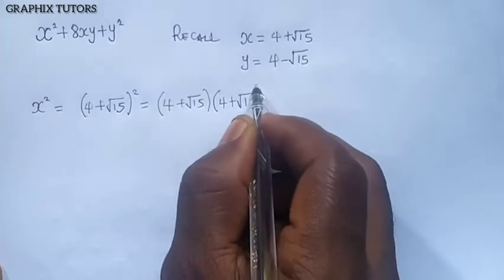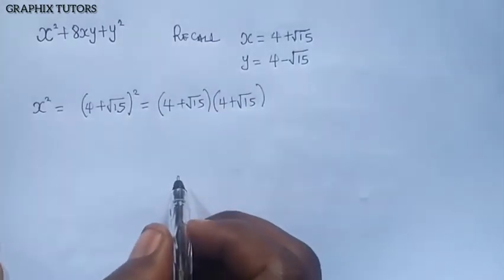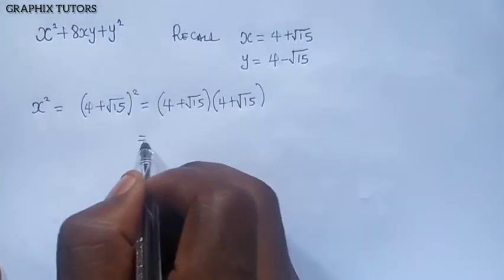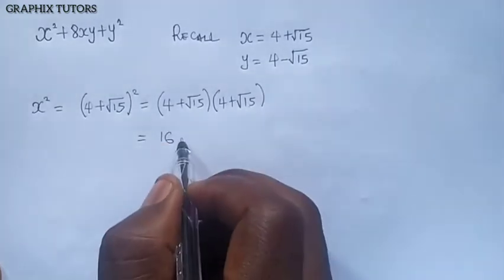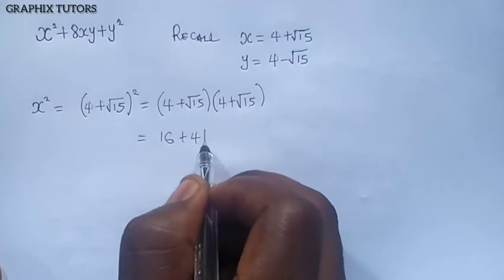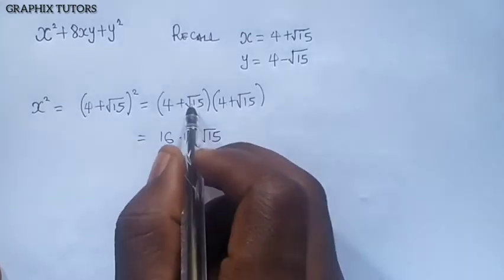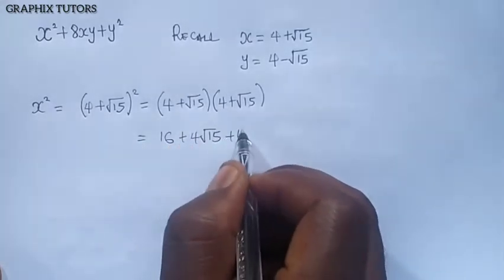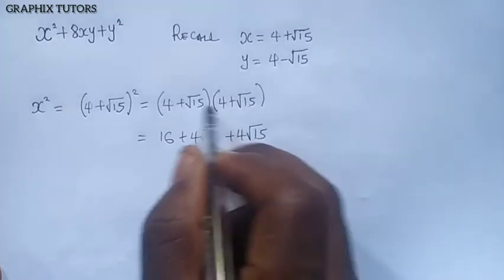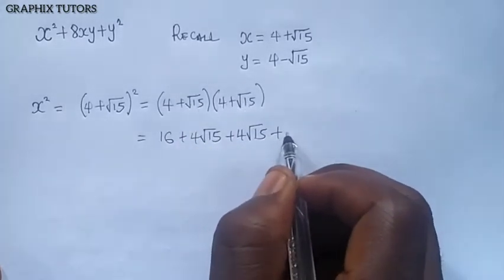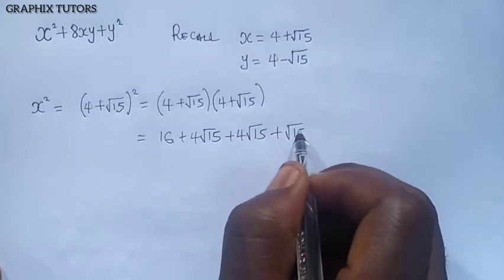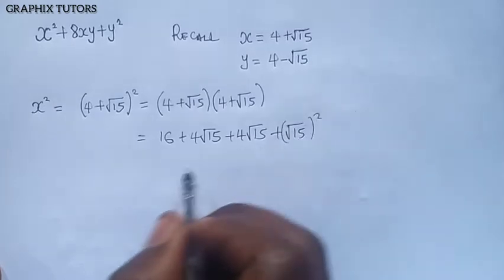Moving forward, 4 times 4 is 16, 4 times root 15 gives 4 root 15, root 15 times 4 gives 4 root 15, then root 15 times root 15 gives root 15 all squared.